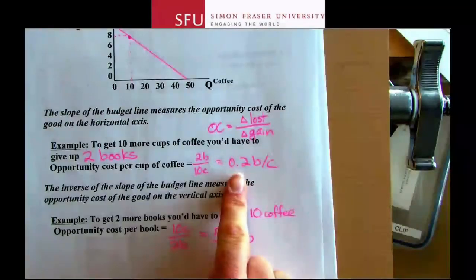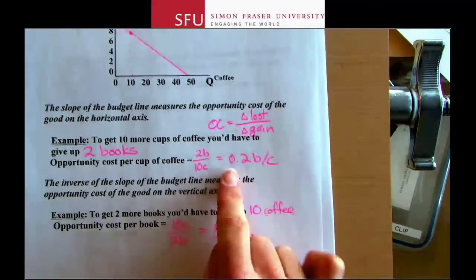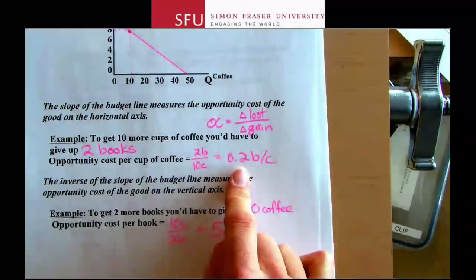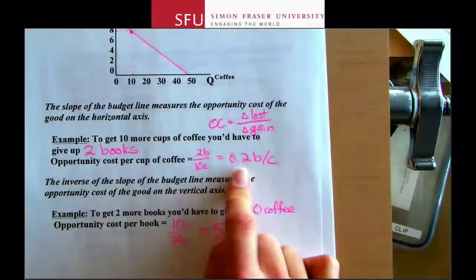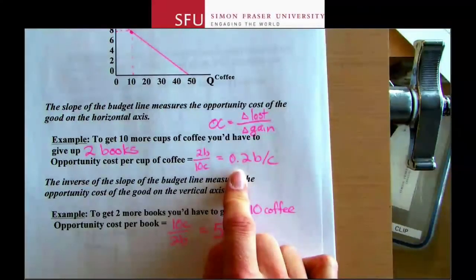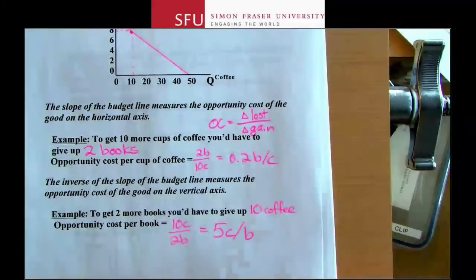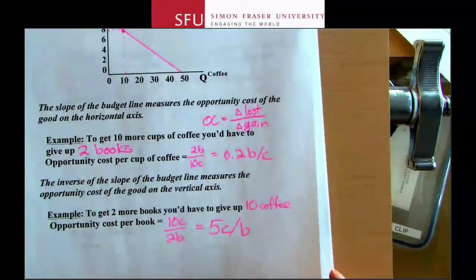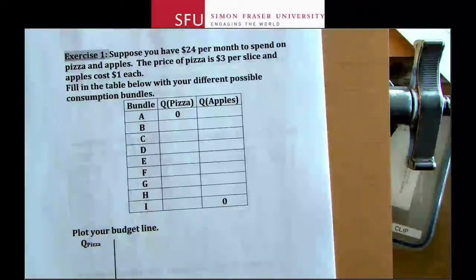Like you can't have 0.2 of a book? Yeah. But for your answer, you should still simplify as much as possible. So you can still answer 0.2, even if that obviously is not actually an option to give up 0.2 of a book. So you don't just round it. No.